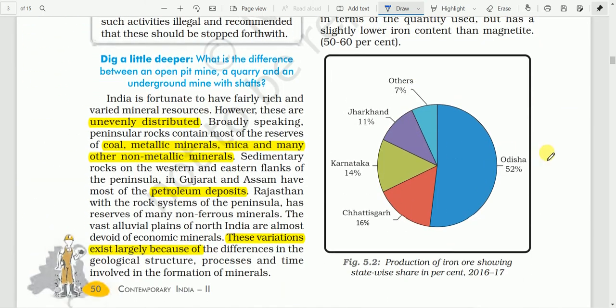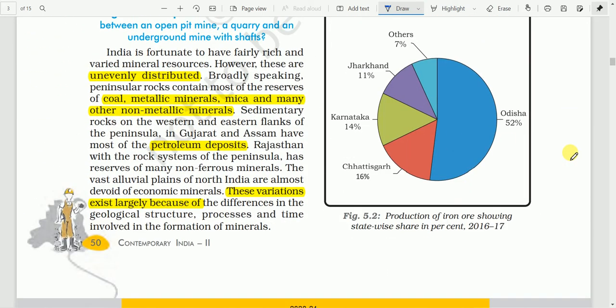So let us continue. Now let us start with the distribution of minerals in India. You know, India is fortunate to have fairly rich and varied mineral resources. However, these are unevenly distributed. Minerals are not found uniformly in India. In some states, they are highly concentrated.